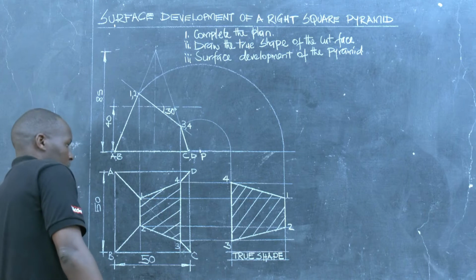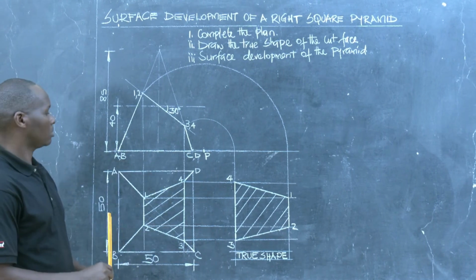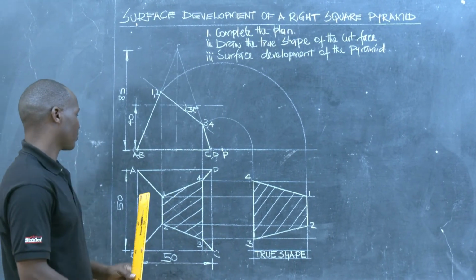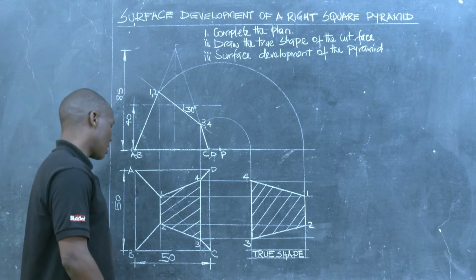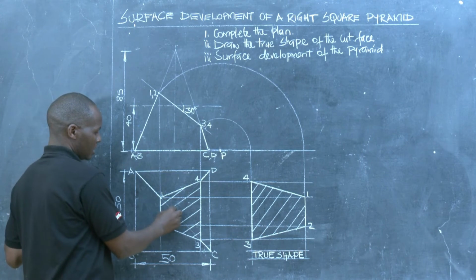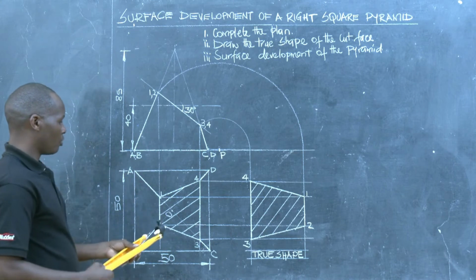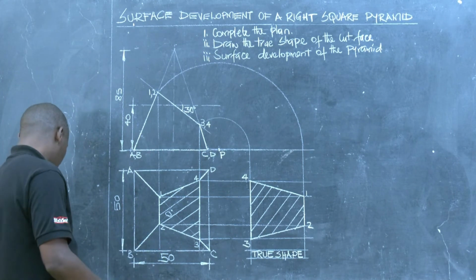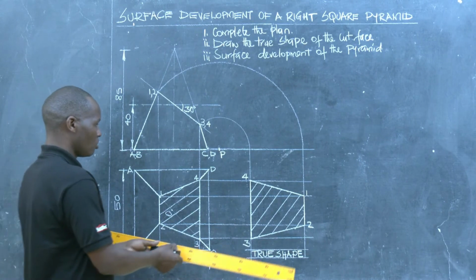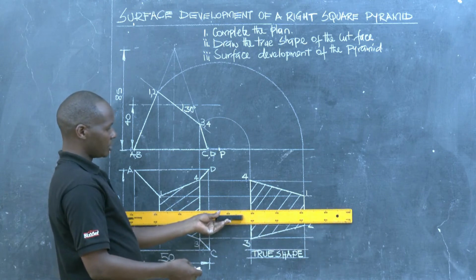So therefore, having explained the reasons why we need to establish the true length of the edges of the pyramid, we will, using our compass and using the center of our pyramid, which we could call center O, first of all draw a horizontal line from center O, which will help us to establish the true length.